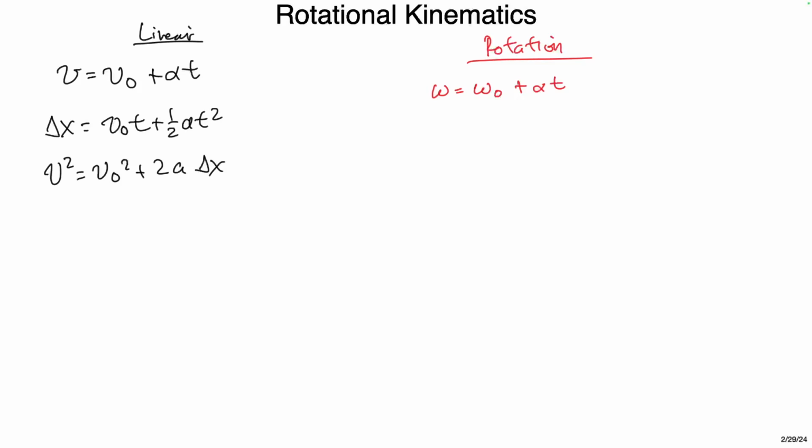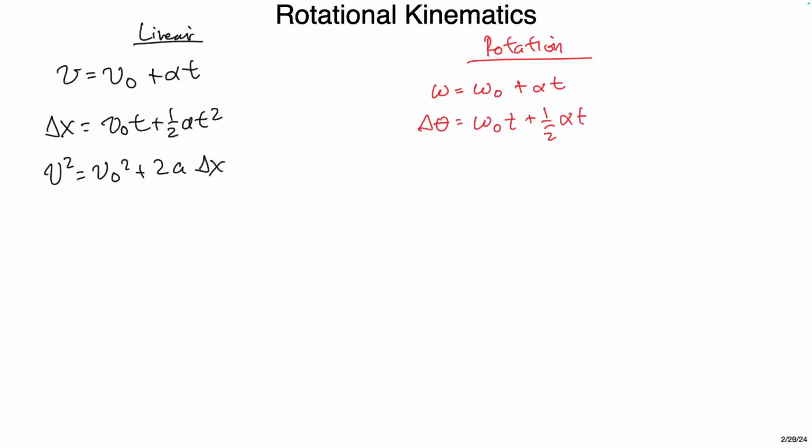Okay, how do we write the second one? Instead of a delta x, what's the thing for position now? What? Not the thumb, sorry. It's not r. Theta? It's theta, right? So instead of a position like x or y, we're going to do a delta theta. And instead of a v naught, we're going to put in omega naught times t plus 1/2 alpha.